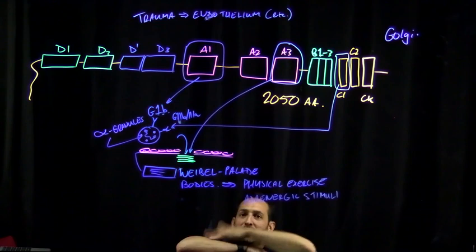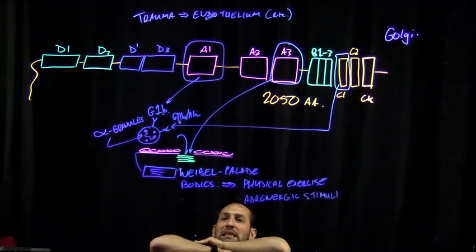So anything that is going to get your adrenaline going is going to start releasing von Willebrand factor, and it's going to do that regardless of whether you've got any trauma in the system at all.